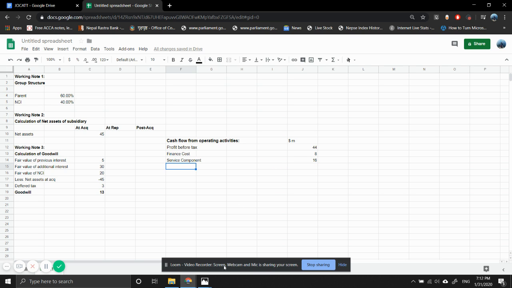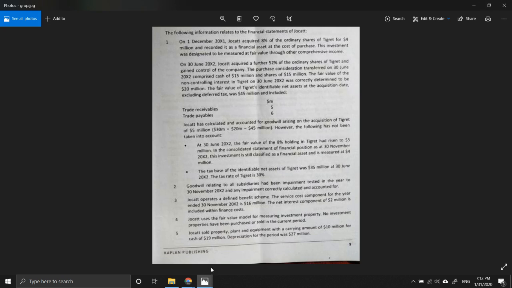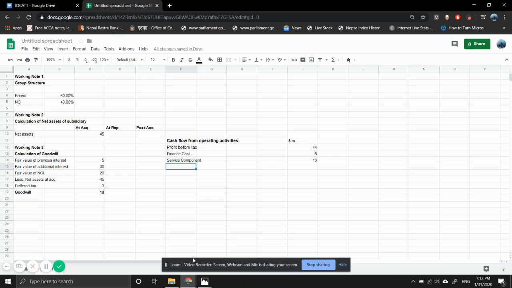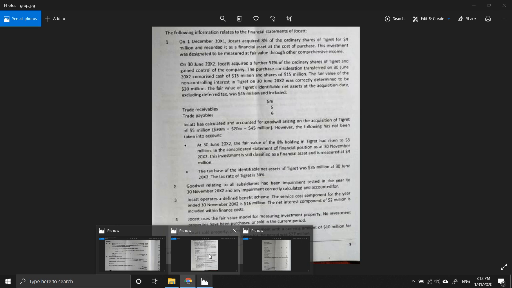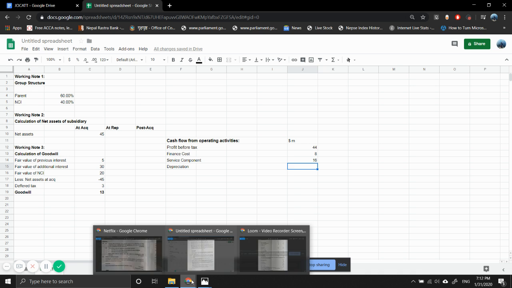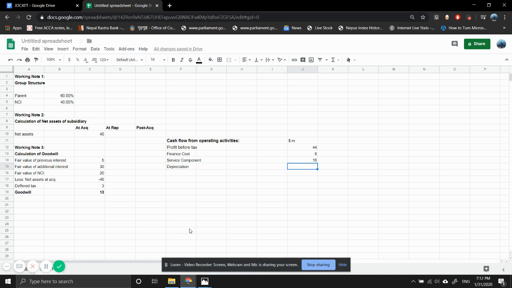Depreciation, there is depreciation as well, right? Down over here somewhere, 27. Depreciation, this is all non-cash item. Depreciation being 27, right?